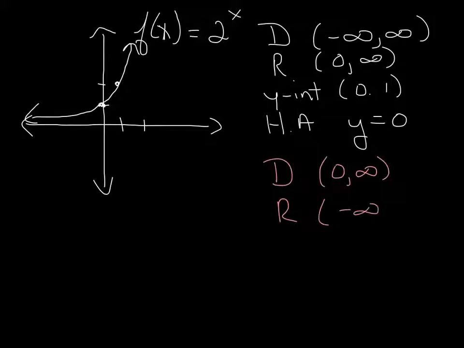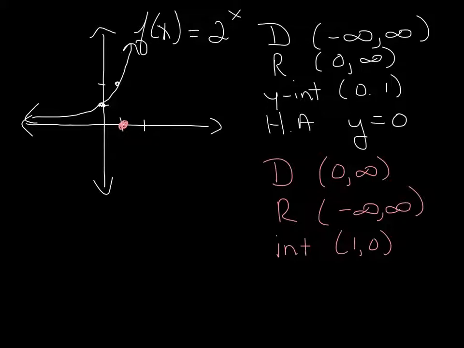What about our intercept? Where's that going to be? 1, 0, because the x and the y change places. It'll be an x-intercept for the inverse function.